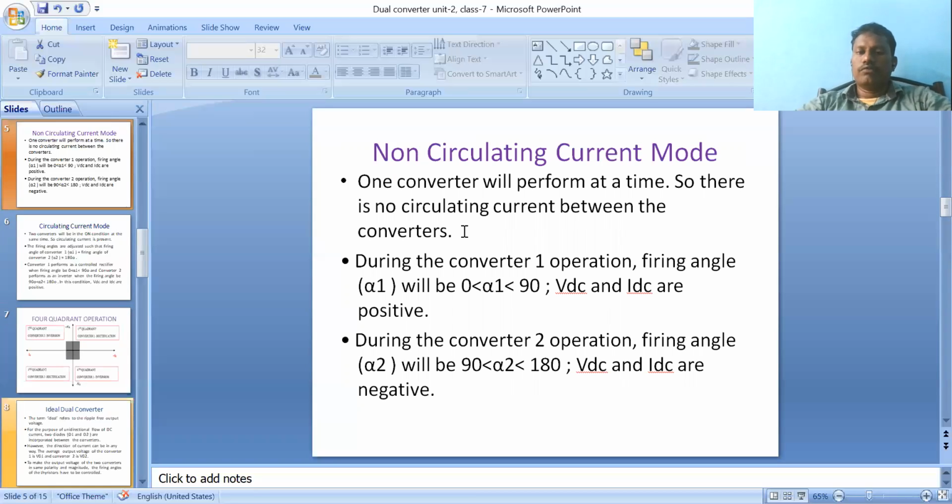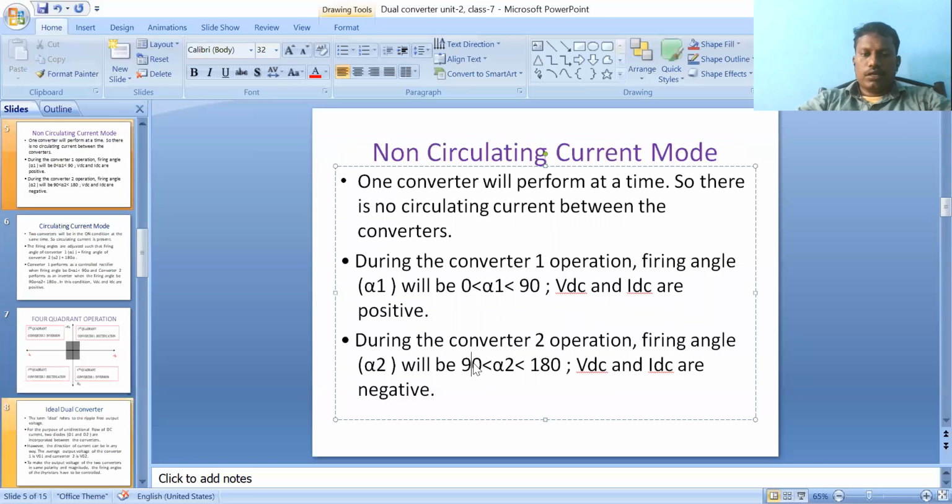That means for firing angles from 0 to 90, converter 1 operates. The second converter operates with alpha 2 between 90 and 180. So these two operate at different firing angle instances.